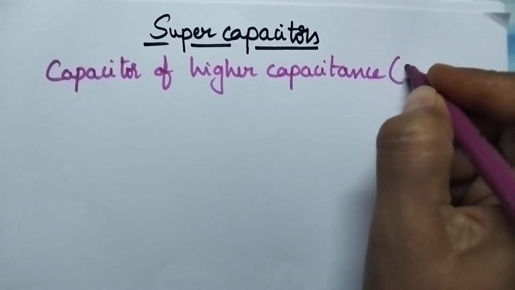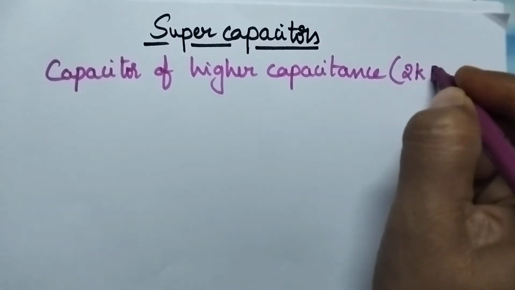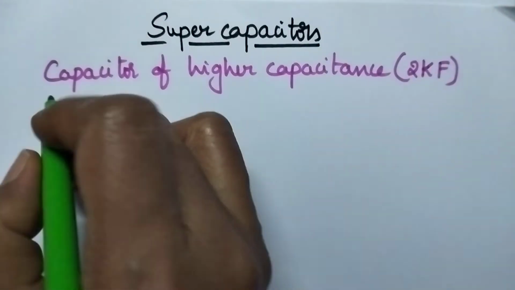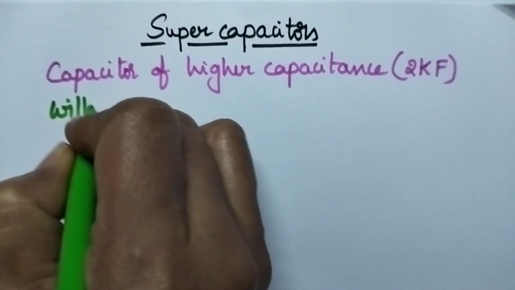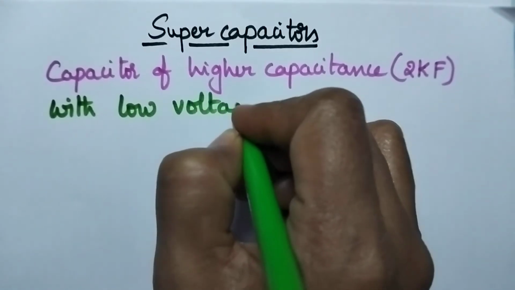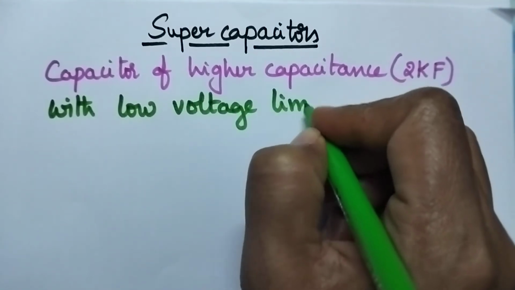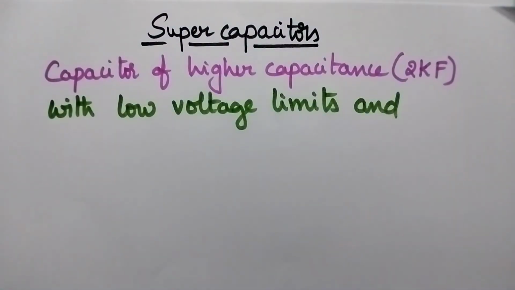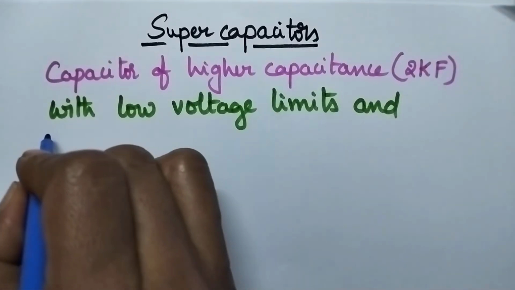The higher capacitance is of the order of 2 kilofarad, with low voltage limits and high power density.